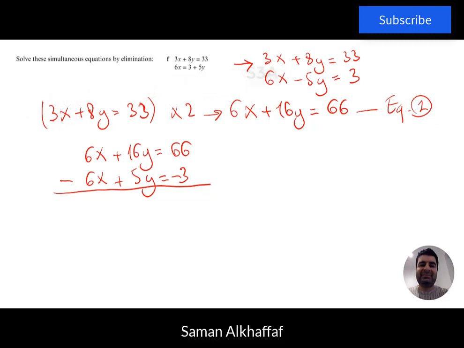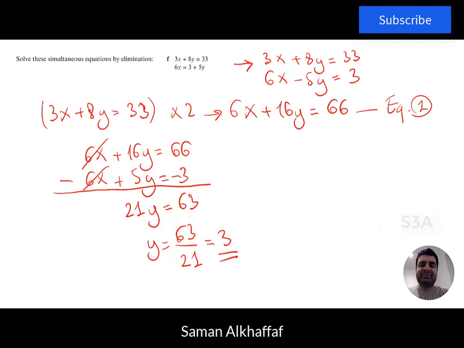So this 6x will disappear with this one, and we would have 16 plus 5, that would give us 21y, and we would have 66 take away 3, that would give us 63. So now we divide 63 by 21, and that would give us 3 as the answer for y.